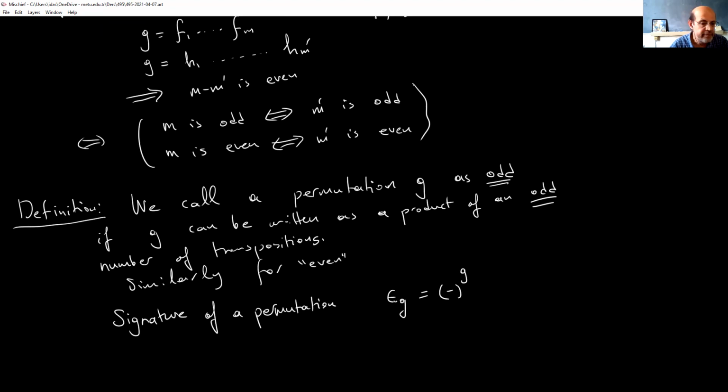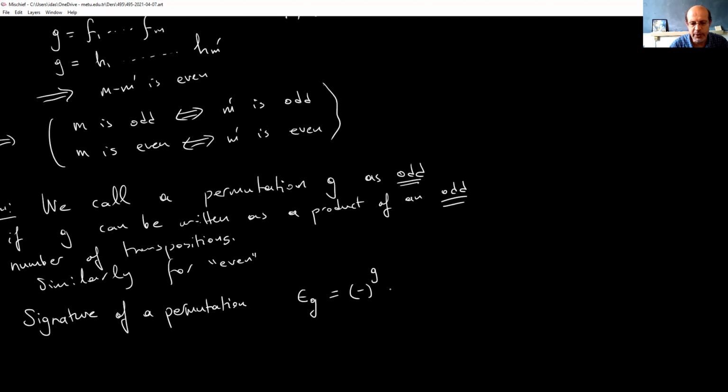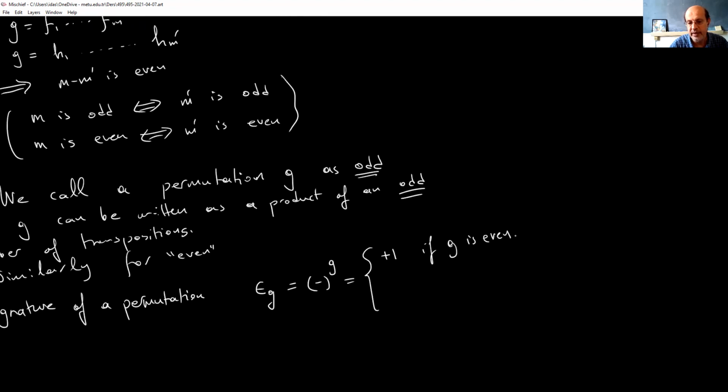Don't worry about this. This is just a notation, all right? So that's either +1 or -1. We say that this value is +1 if g is even, an even permutation. It is -1 if g is odd. Okay.